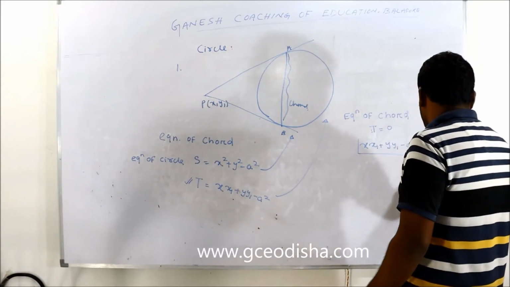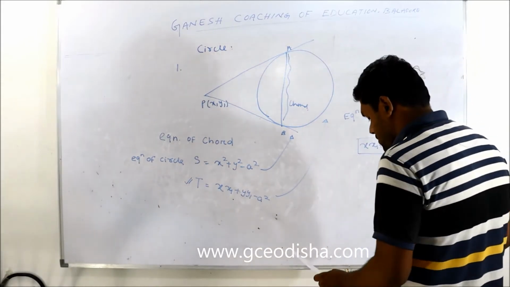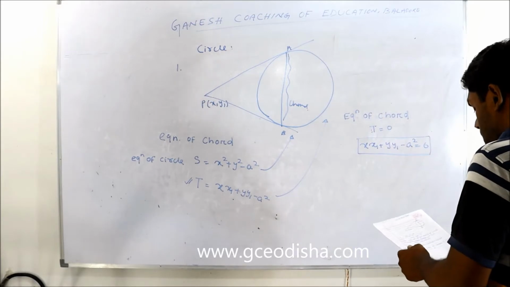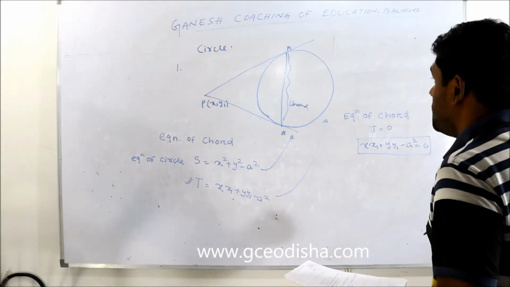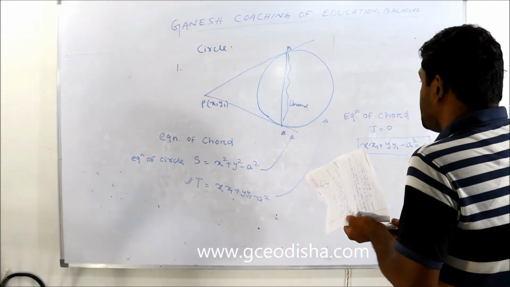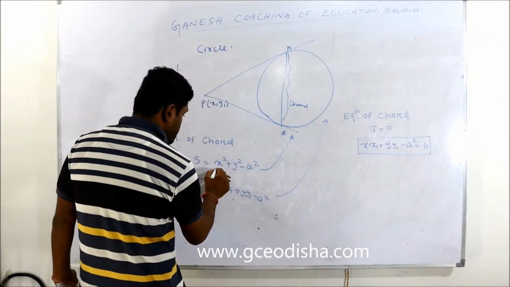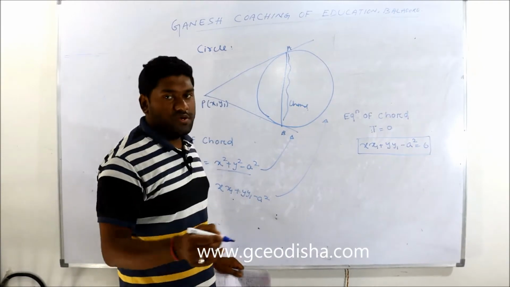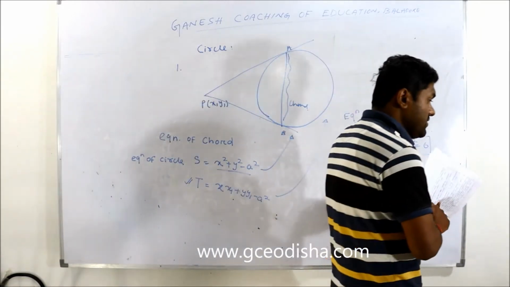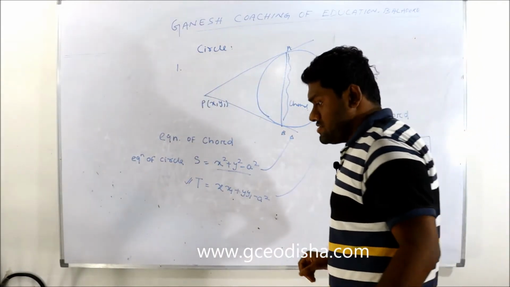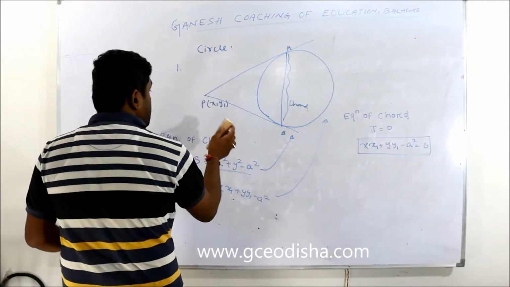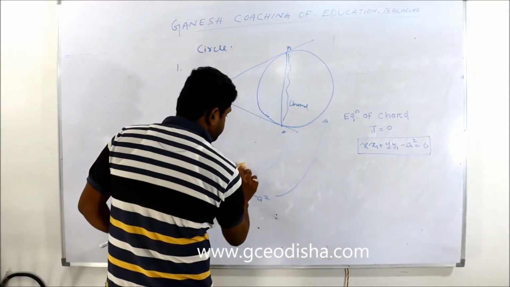This is the equation of the chord when the center is at 0, 0, because this is the equation of the circle when the center is at 0, 0. I am giving you some generalized equations of the chord.